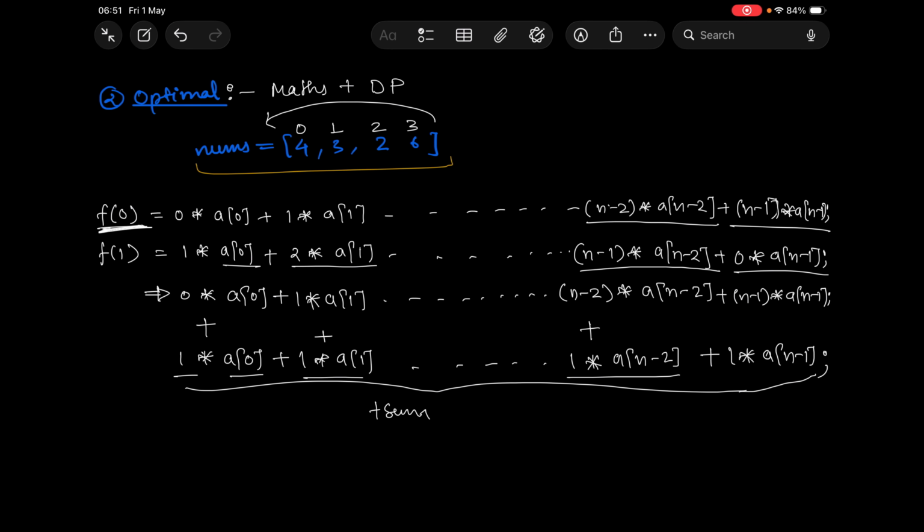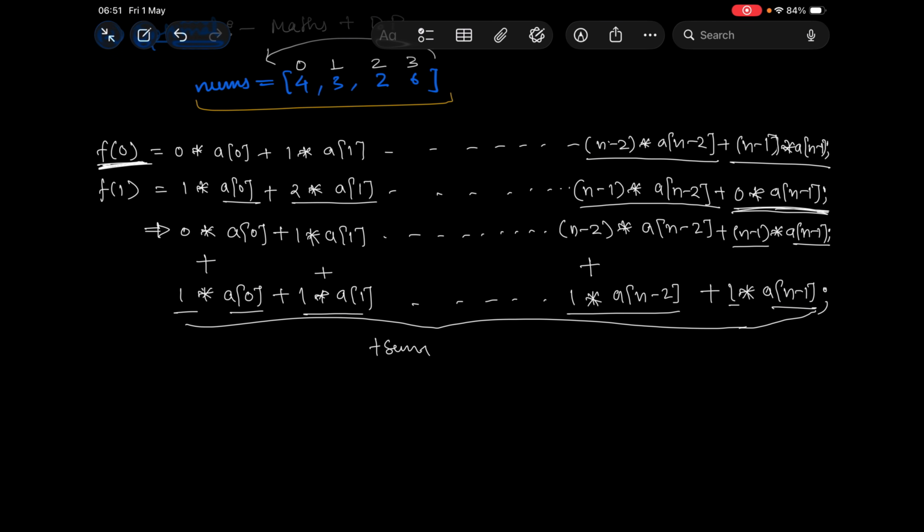Now in f of 1 it is 0 times a of n minus 1, but what we have added is n minus 1 times a of n minus 1, plus 1 times a of n minus 1. In total these two values are n times extra of a of n minus 1, right? So at the end we need to subtract n times array of n minus 1. This is the subtraction that is also needed.